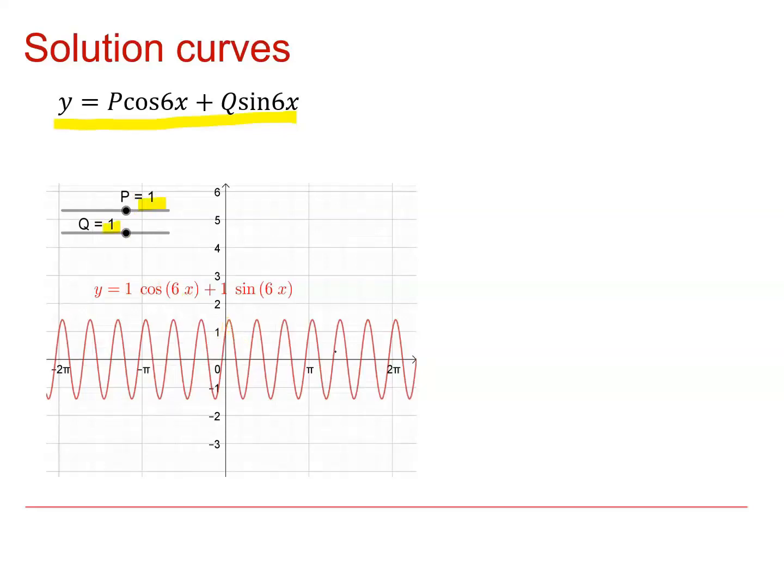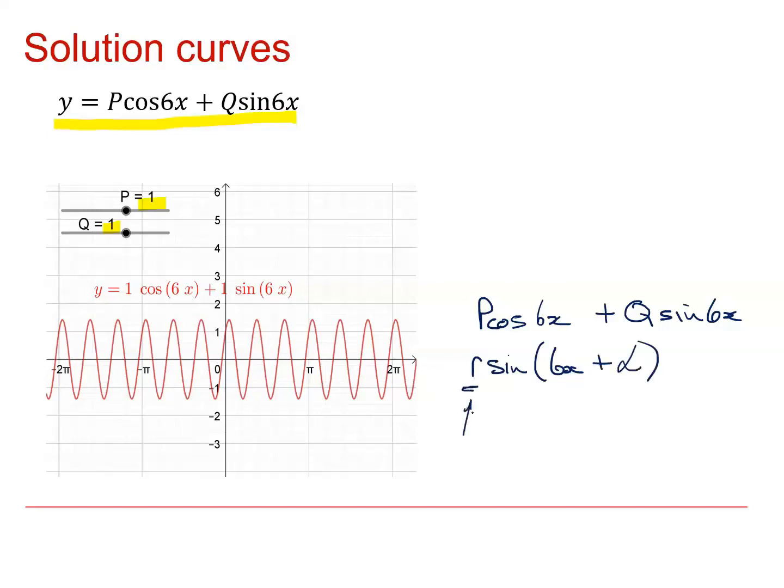One of the things you should know from elsewhere is that we can write a combination of cosines and sines of the same angle as r sine, in this case, 6x plus alpha. r represents the amplitude, alpha represents the phase, and that's a translation parallel to the x-axis for the sine wave, and this relates to the frequency.